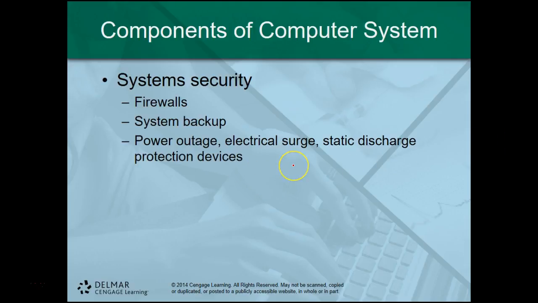Power outages, electrical surges, static discharge, and protection devices are all things we can do to help eliminate some of those problems. For electrical surges, we use surge protectors. For static discharge, we often use special anti-static mats at workstations to help reduce the amount of static discharge that could potentially harm our computers.